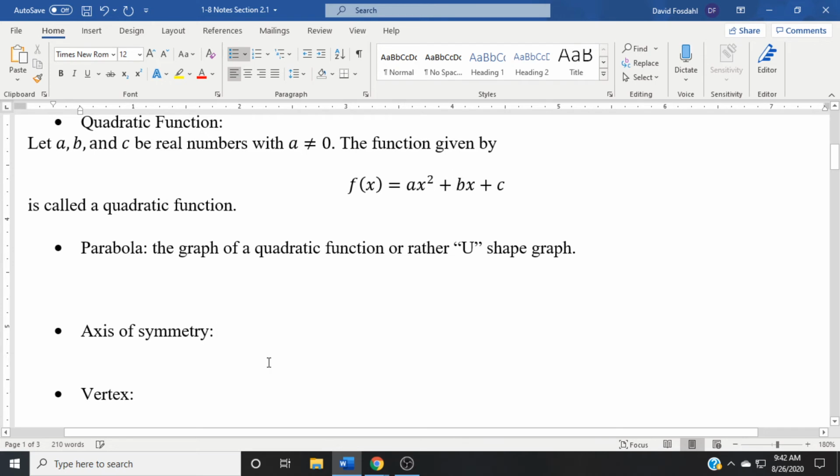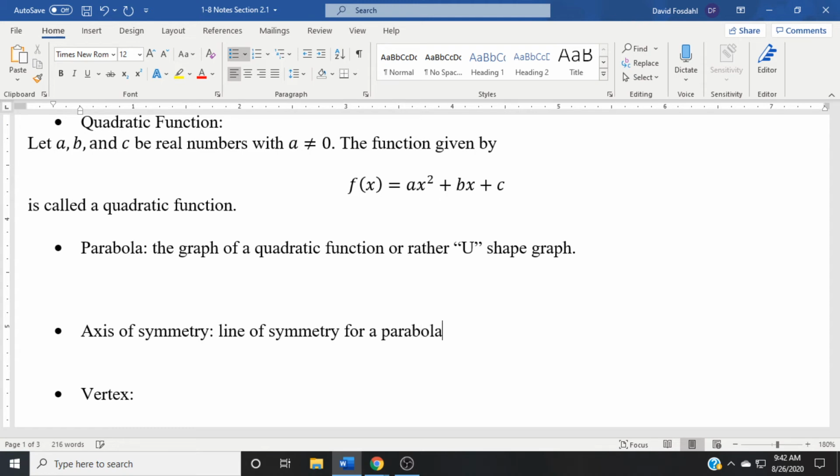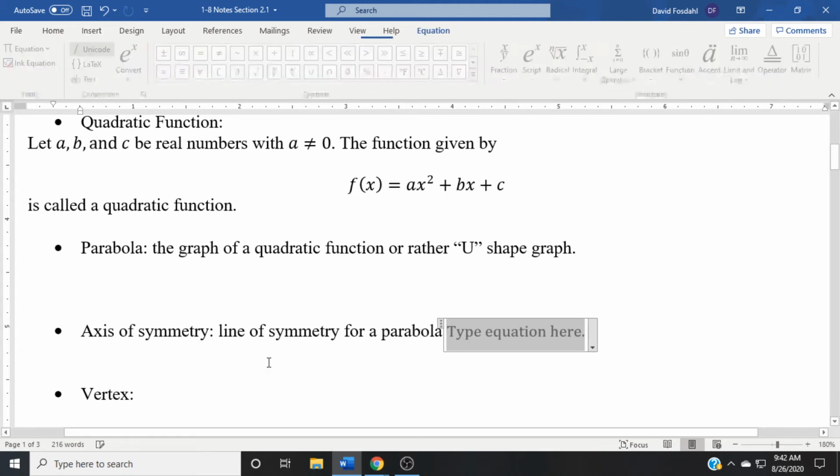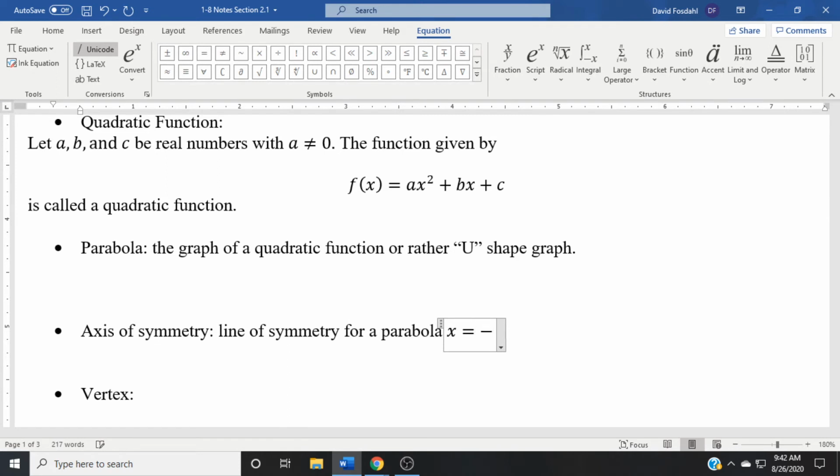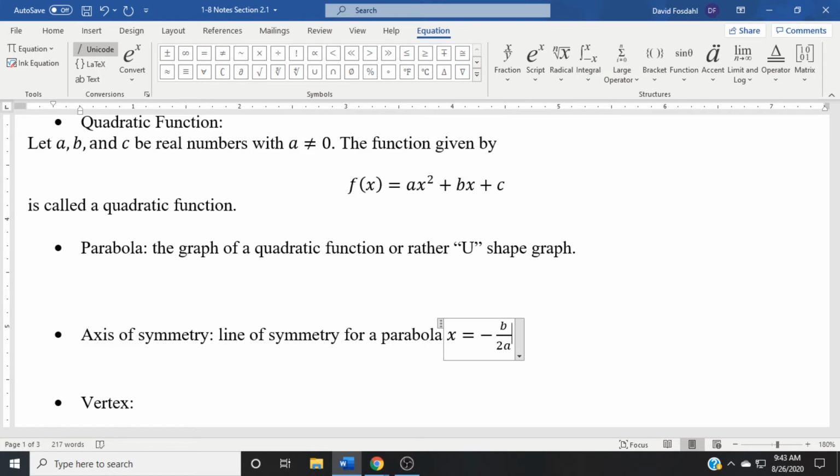Axis of symmetry is crucial. It is the line of symmetry for a parabola. You can also think of this as x equals negative b over 2a.